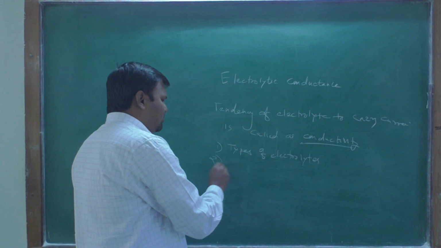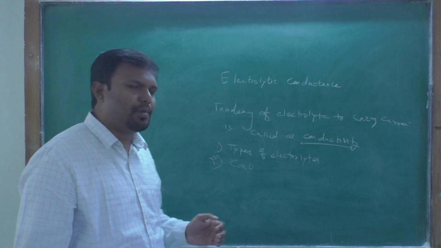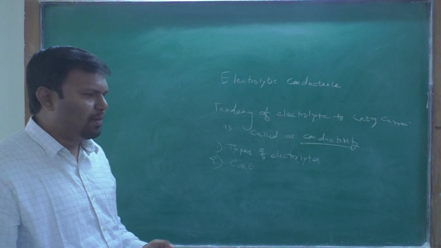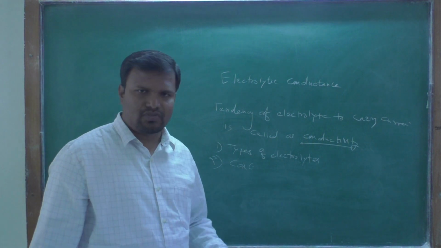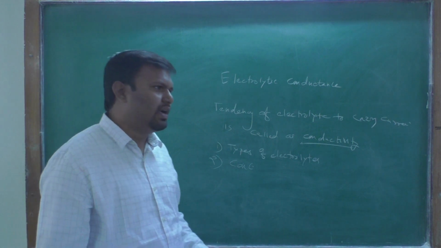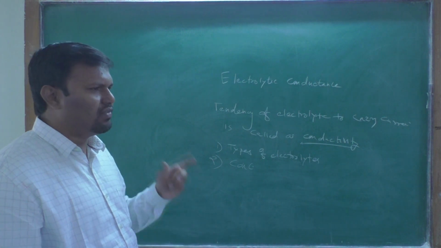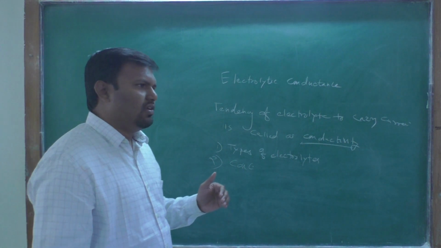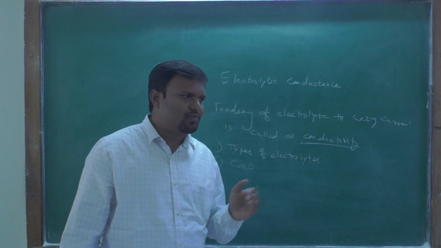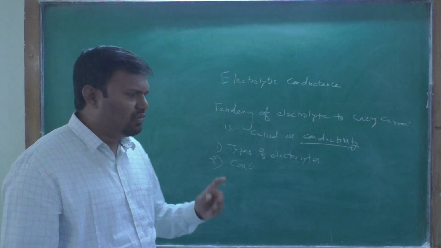Then it also depends upon concentration. In the case of a strong electrolyte, if you add more and more electrolyte, it gives more and more ions, positive charge and negative charge. When NaCl is there, definitely one is positive and one is negative.